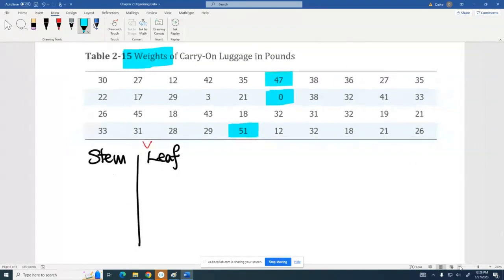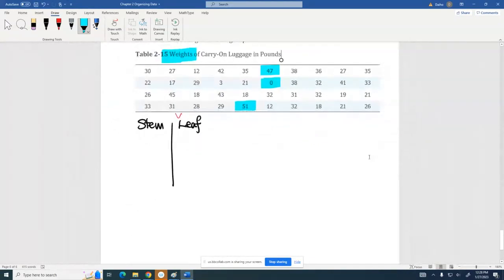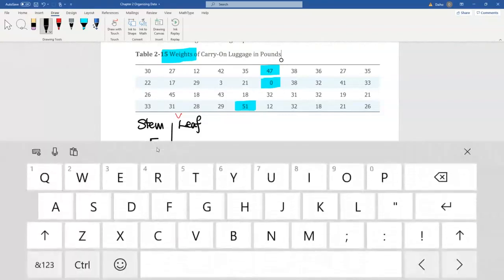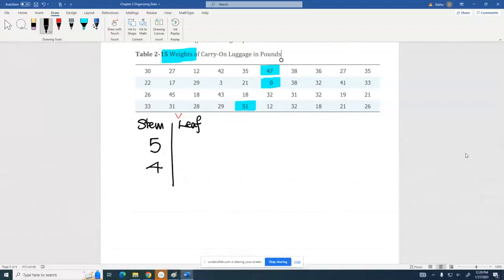So I told you the tens is going to stem. So here is the 50s, 40s, 30s, 20s, and tens. Then what? The second digit is going to leaf.